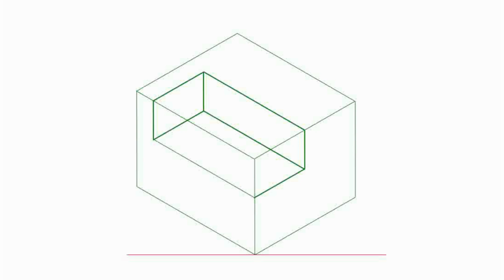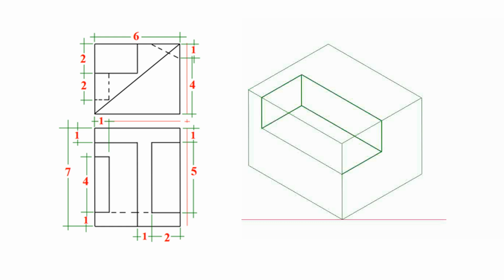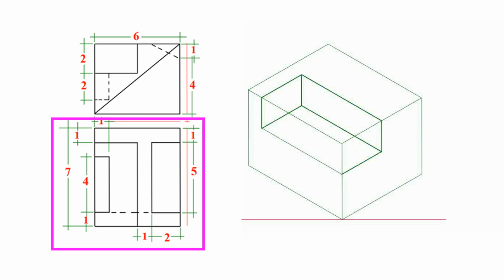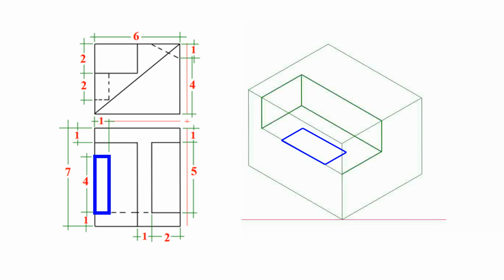Now, let's move on to the next feature. Observe carefully. When we look at the top view, we see a rectangle measuring 4 by 1 unit. That gives us 2 of the 3 dimensions we need. But here is where we must think like a designer, not just a draftsman.